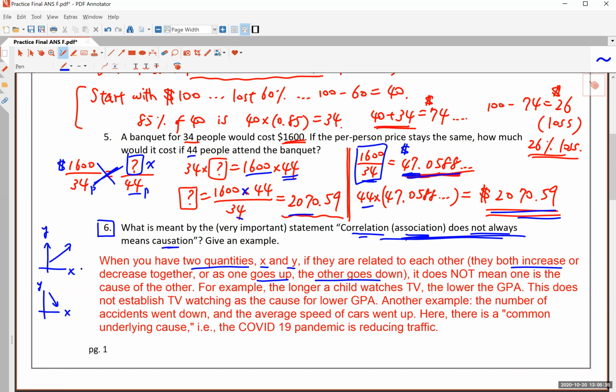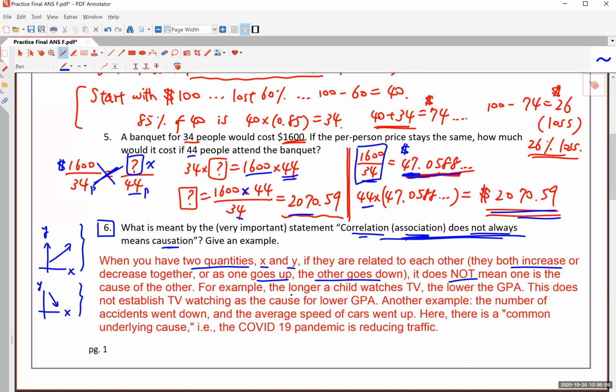More technically, the first one is called positive correlation. The second one is called negative correlation. But in each of these patterns, you see y is somewhat related to x, right? But that correlation or association of y with x does not mean that y is a result of x or x is the cause of y or the other way around.